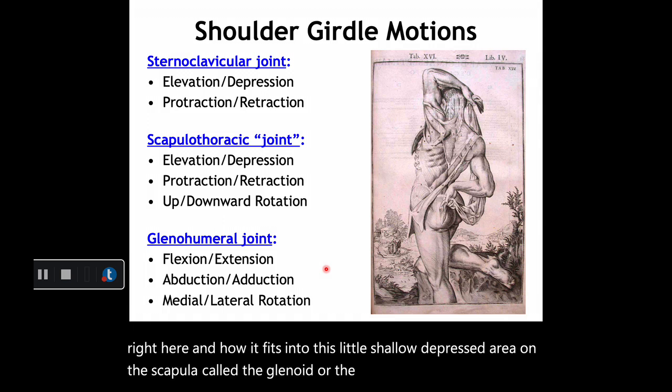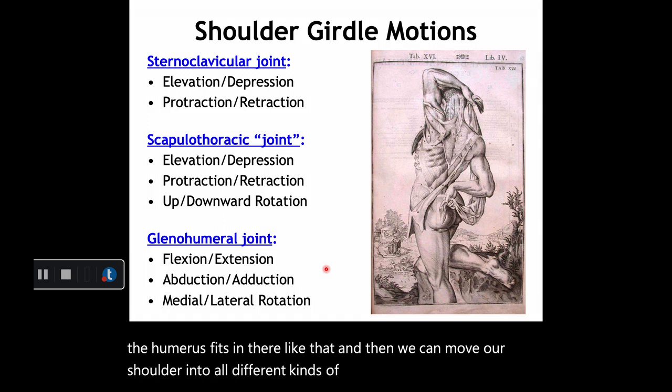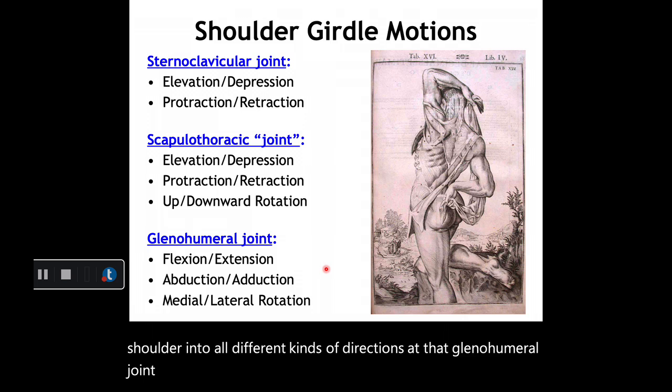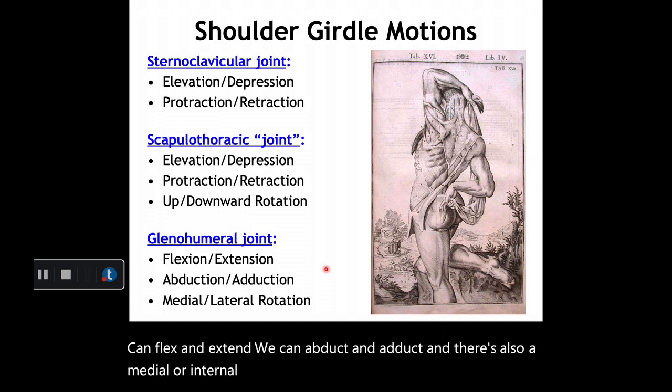So the head of the humerus fits in there like that. Then we can move our shoulder in all different directions at that glenohumeral joint. We can flex and extend, we can abduct and adduct, and there's also medial or internal rotation and lateral or external rotation.